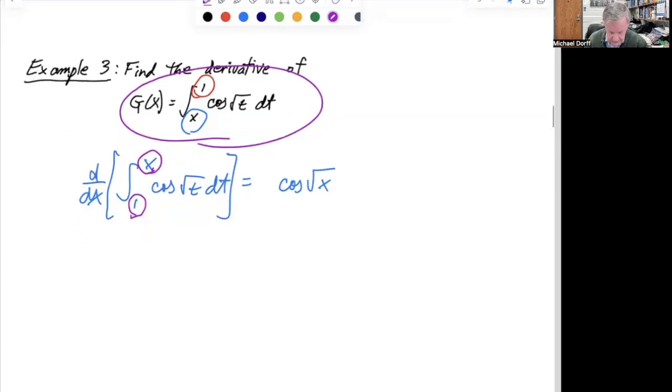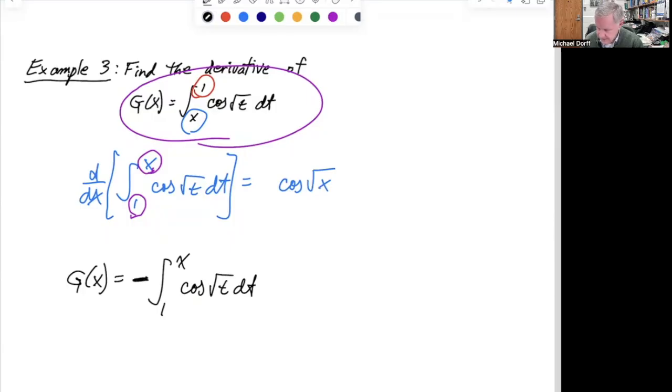We can do the following. We can say g of x equals the negative of this integral from 1 to x of cosine square root of t dt, using the fact that if you switch the limits on the integral sign, you just put a negative in front of it.